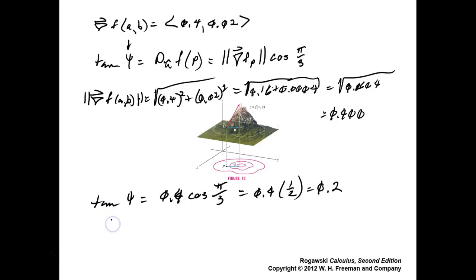So psi is equal to inverse tangent of 0.2. Okay. And what do you get that to be?